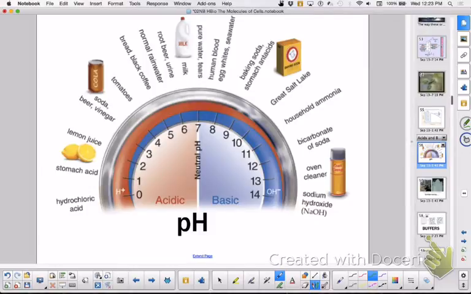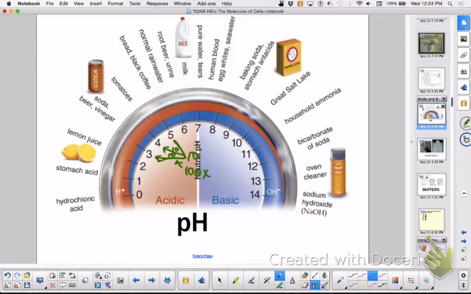If you have a high pH, you have more hydroxide ions, less hydrogen ions, and you are classified as a base. Okay? When you change from 5 down to 4, what is the difference in the concentration of hydrogen ions? 10 times. If I went from 5 down to 3, it's 10 times 10, so it's really what? 100 times. Okay? Perfect.